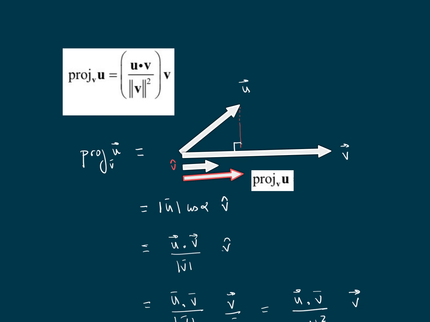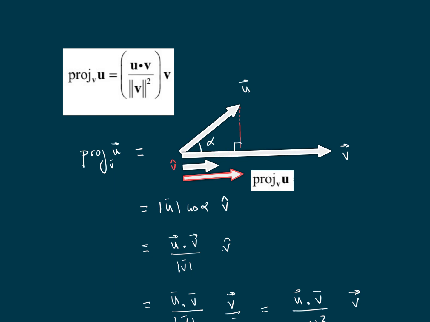And what is this magnitude? This angle is alpha. The magnitude that is projected, this length, is the magnitude of U multiplied by cosine of alpha.